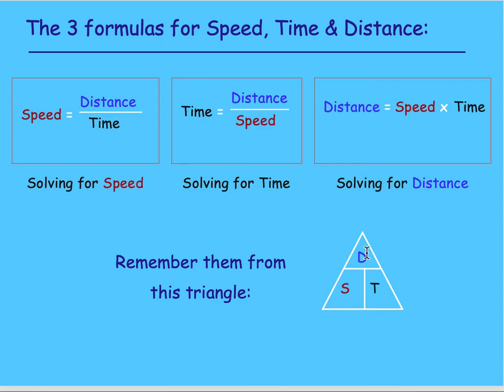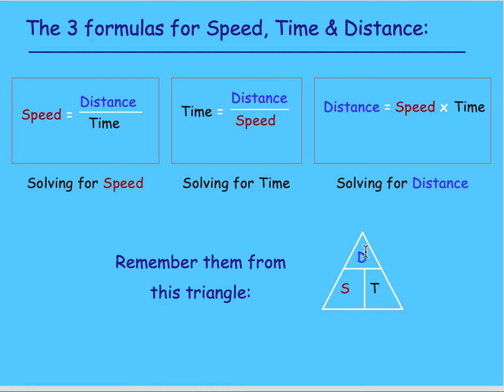If we look at it again, speed, here's your S, is distance divided by time. Kind of reminds me of a fraction, and we know a fraction is a division problem. Time is distance divided by speed. Again, you've got the distance on top. Distance divided by speed. And then distance is speed times your time.